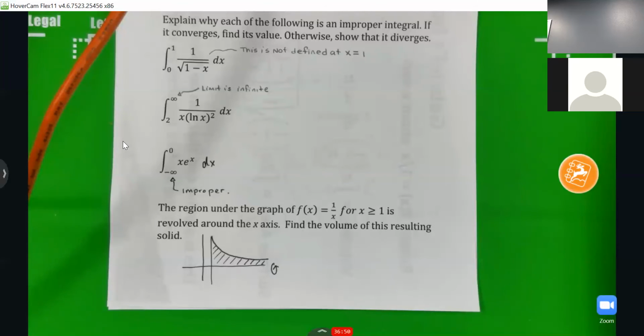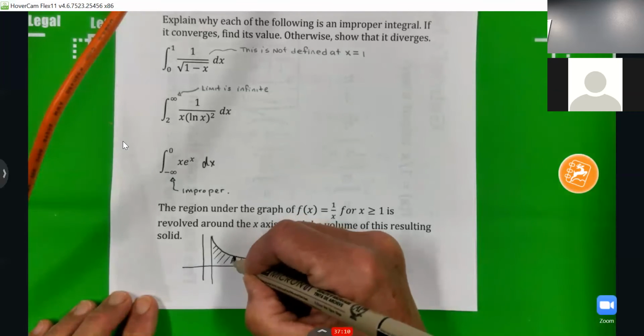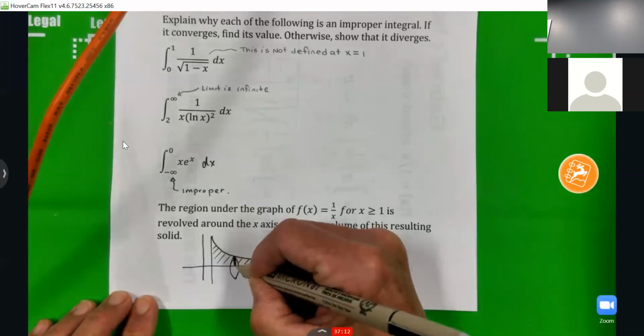You tell me the plan. What method do I want to use to find the volume of the solid of revolution? Disks. We're going about the x-axis, and it's bounded by the x-axis. So we're going to take this little rectangular region here, rotate it, and we'll get a disk.